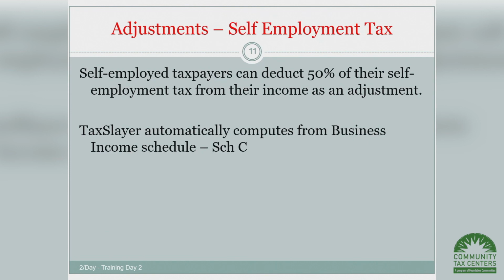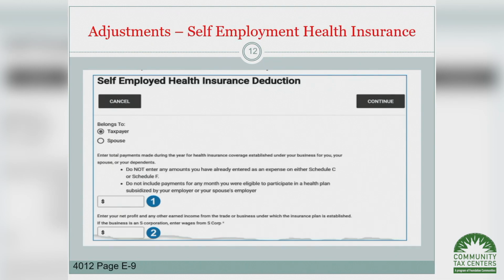But you have to make sure you put in the correct information. And this is just what it would look like in TaxSlayer, what the screen looks like. And here again, you can't duplicate. If you take it as an expense on the Schedule C, then you cannot take it as an adjustment.